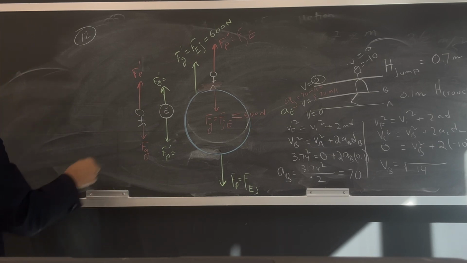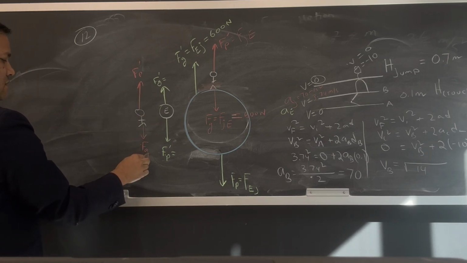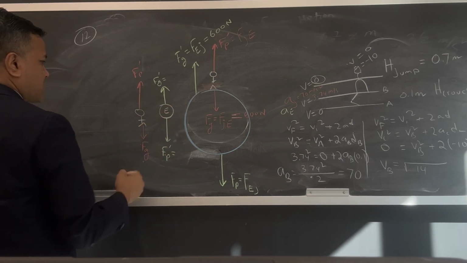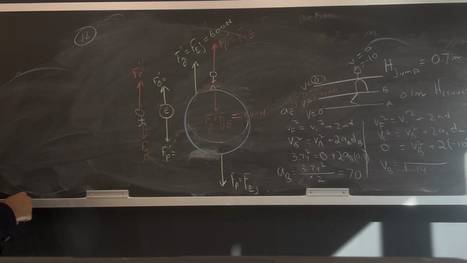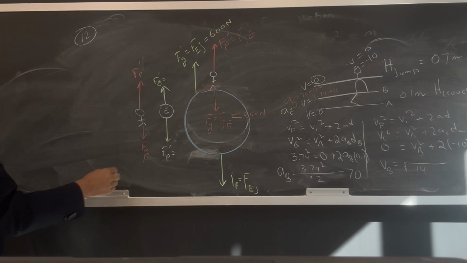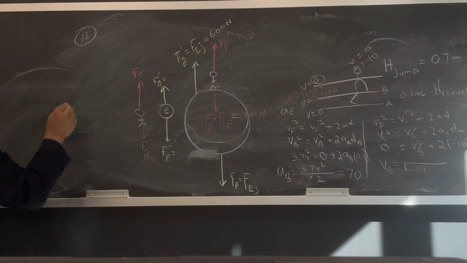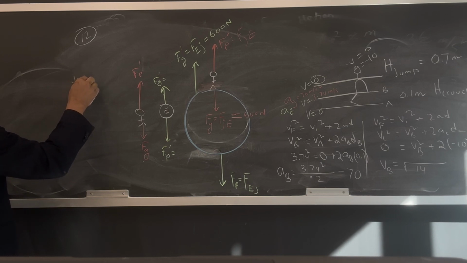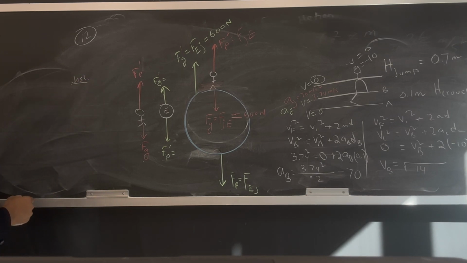So the net force over here would be the same in magnitude as the net force over there. So it doesn't really matter. If we know this one, we know that one. So let's work out the Josh one. So Josh, what's going on?